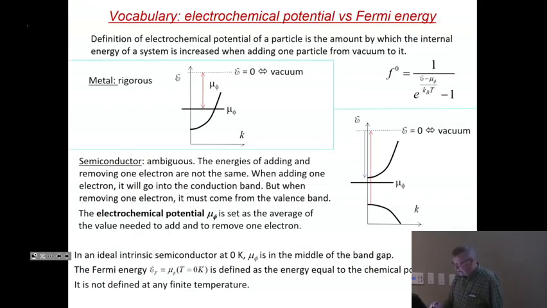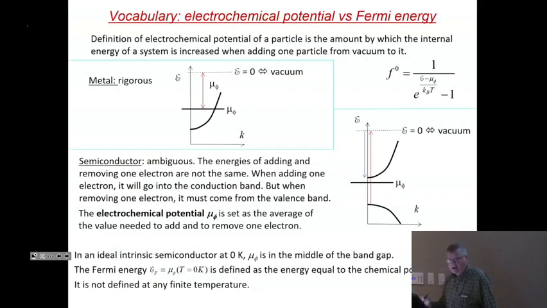Basically, in an ideal intrinsic semiconductor at 0 Kelvin, if you have as many states available in the conduction band as in the valence band, this will fall right in the middle of the band gap. Of course, the moment you add temperature, things change, because if you have a little difference between the density in the conduction band and the valence band, you can thermally transfer electrons from the valence band to the conduction band, but it will affect the potential in the valence band differently than the way it affects the conduction band.